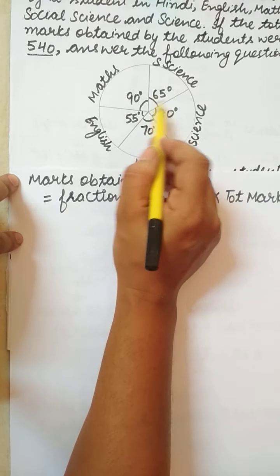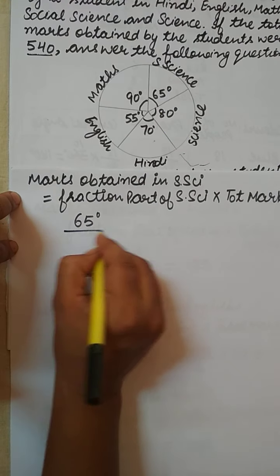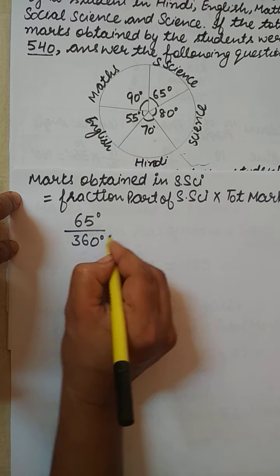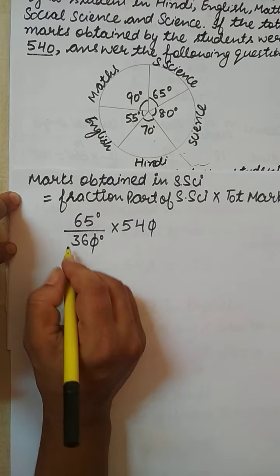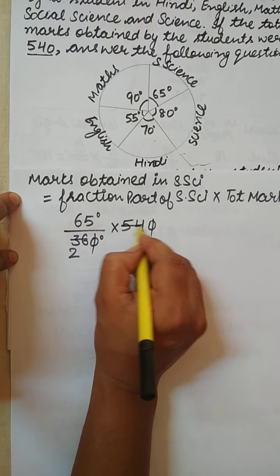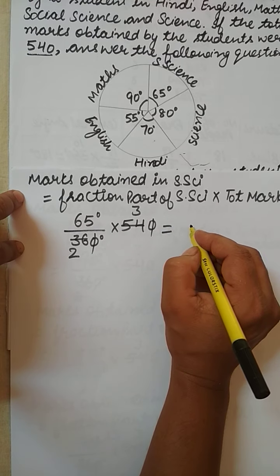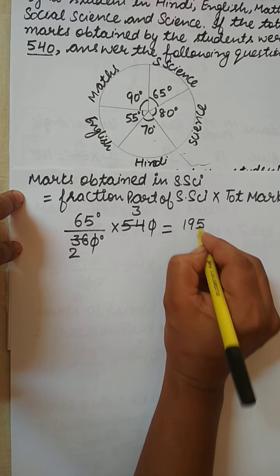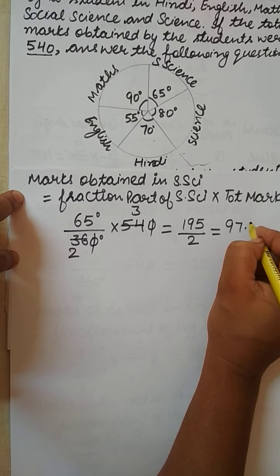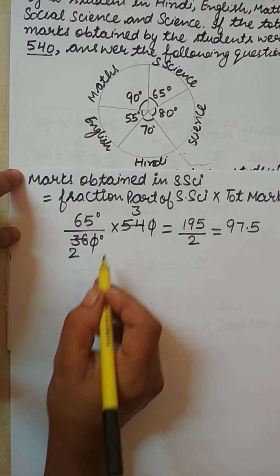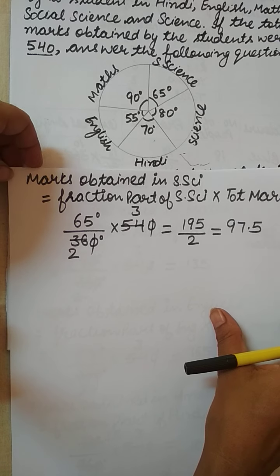The central angle for social science is 65 degree. 65 degree divided by 360 degree multiplied by 540. 0 and 0 cancel. 18 2s are 36, 18 3s are 54. 65 multiplied by 3 is 195 divided by 2, which is equal to 97.5. Now we have calculated the marks obtained in all the subjects. Now we will do the questions.